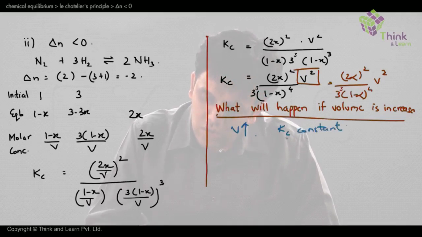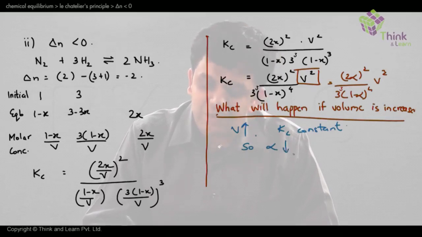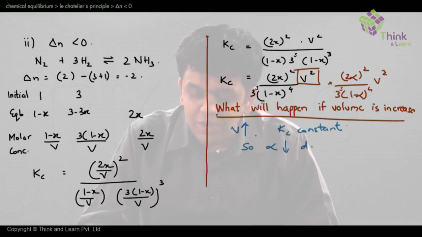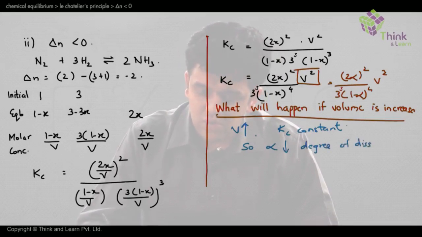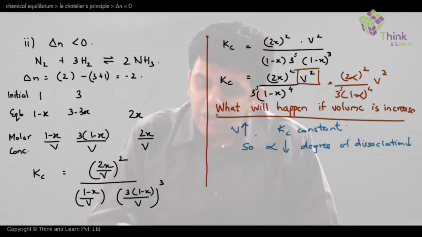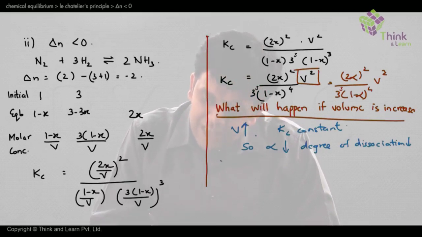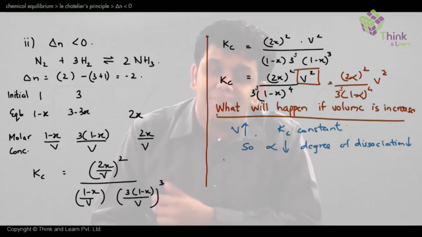So the alpha will have to counteract and reduce. Now if alpha has reduced, it means that degree of dissociation has reduced. If degree of dissociation has reduced, then we will have the reaction going in the backward direction.